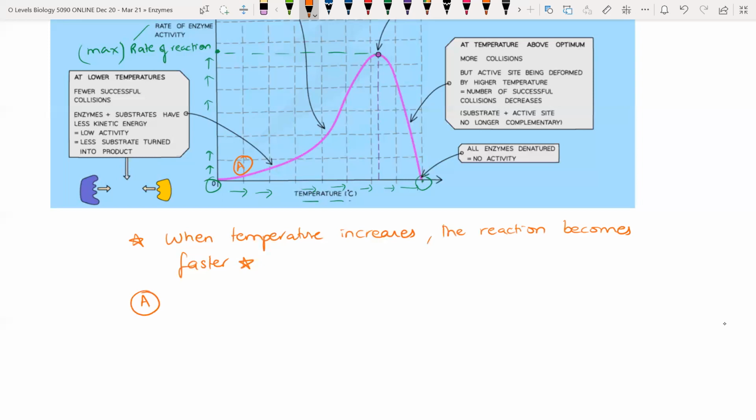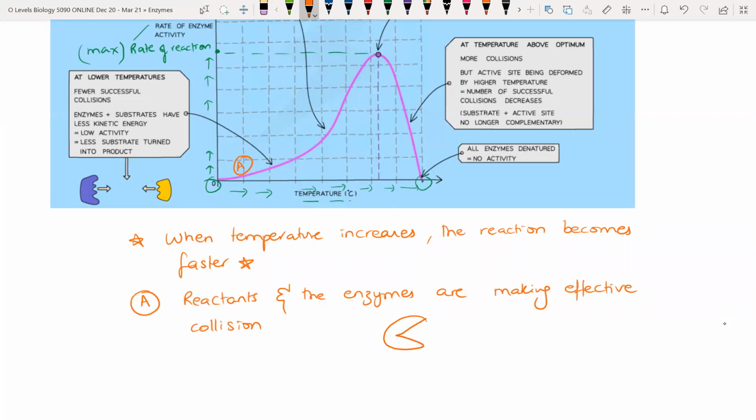So at point A, what is happening? The reactants and the enzymes are making effective collisions. Now, what exactly is an effective collision? Let me explain.